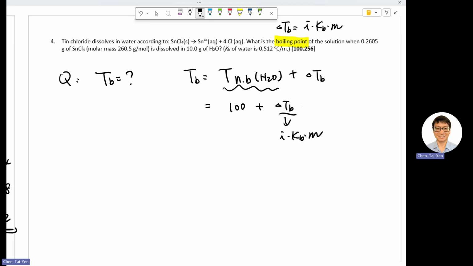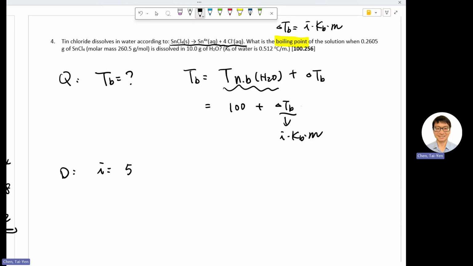Let's get into the calculation. Then you can start to collect the data. You have this specific equation. What's your i? 5, right? Because you produce 1 tin 4 plus and 4 Cl minus, totally 5 ionic species.